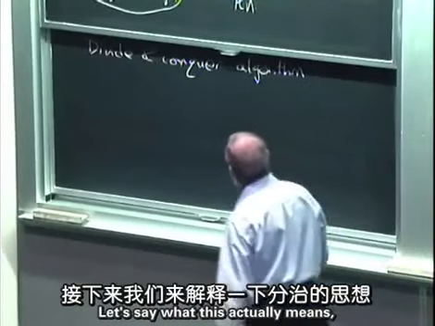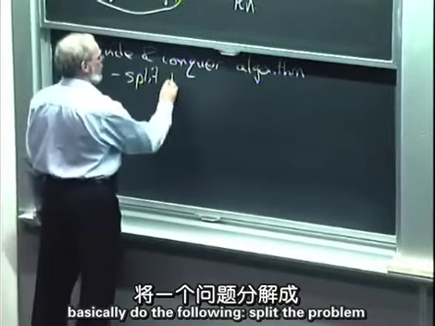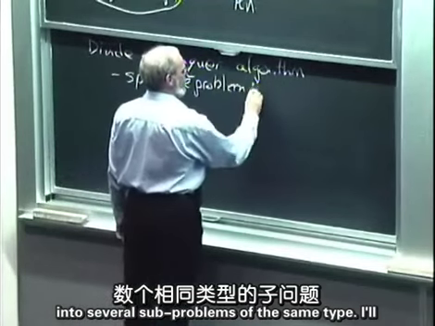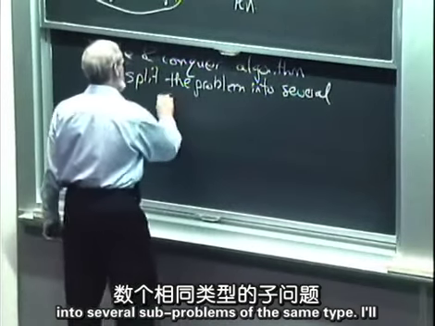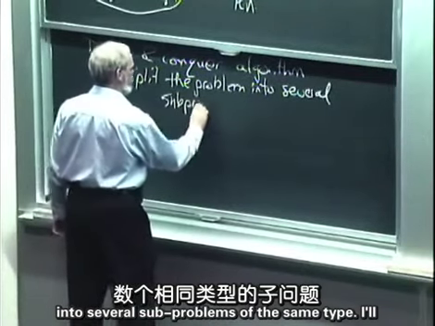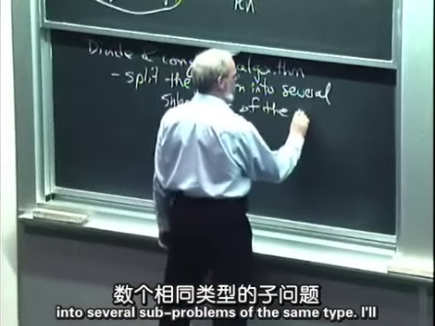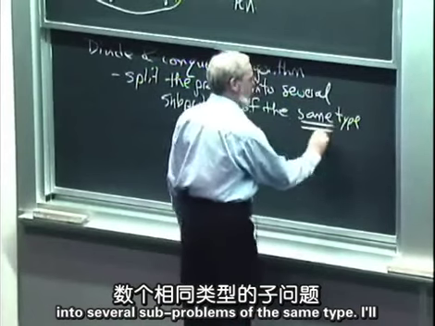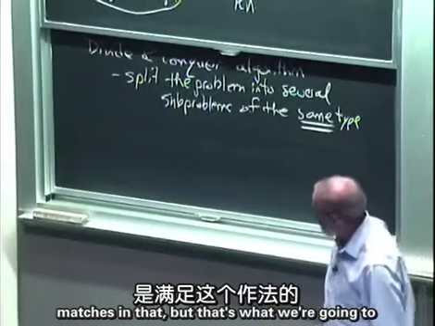So let's say what this actually means. Divide and conquer. Divide and conquer says basically do the following. Split the problem into several subproblems of the same type. Okay, I'll come back in a second to how binary search matches in that, but that's what we're going to do.